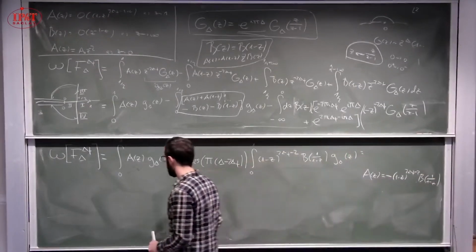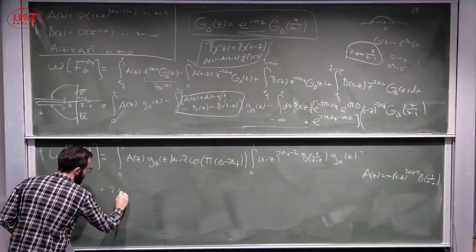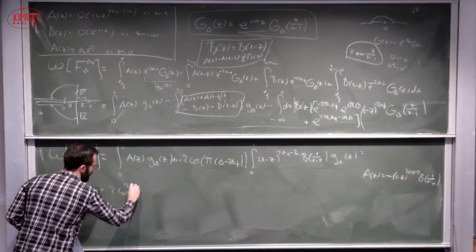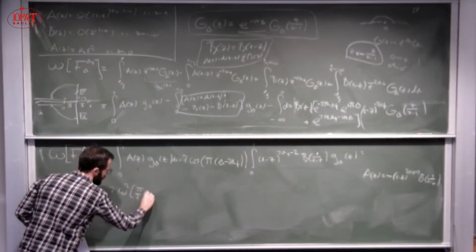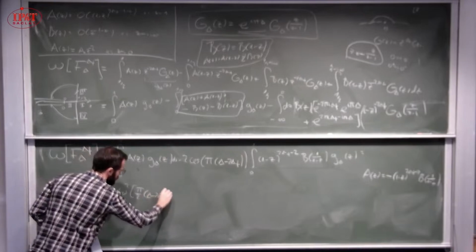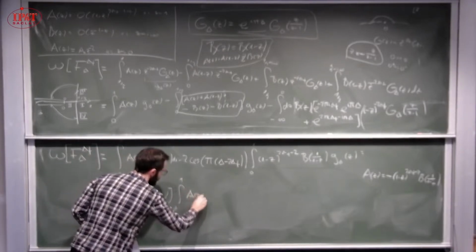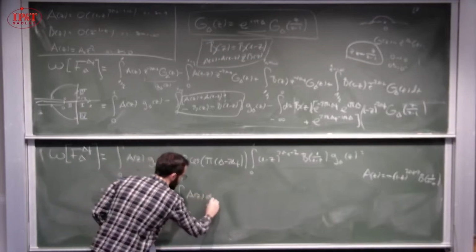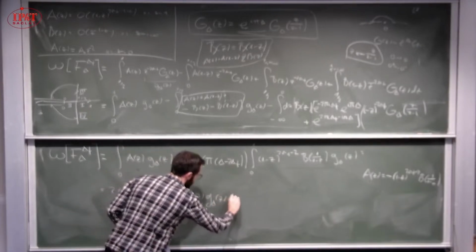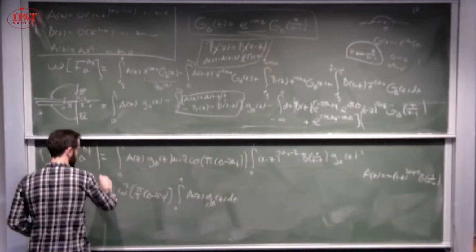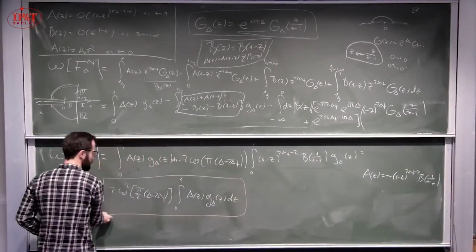And if that is true, then you arrive at 2 cos squared of pi over 2 delta minus 2 delta phi, integral from 0 to 1 dz g delta of z, which is what we need for the proof to be true.